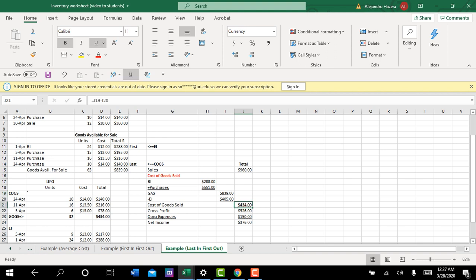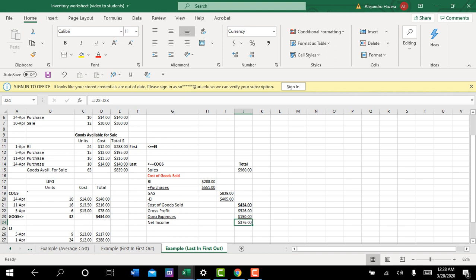And that's always going to be true. And somehow, in a very soft way, I'm going to ask you why, but you may already see this. Okay, so keep in mind that you've got net income of 376 under LIFO, in conditions when prices are rising.